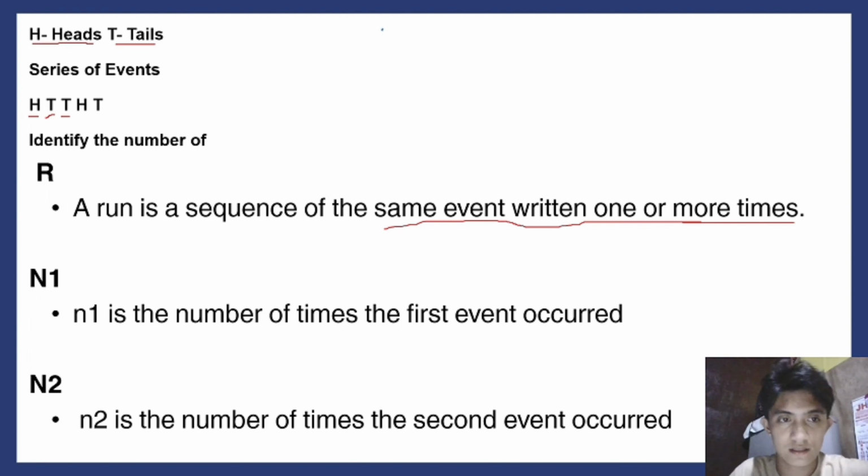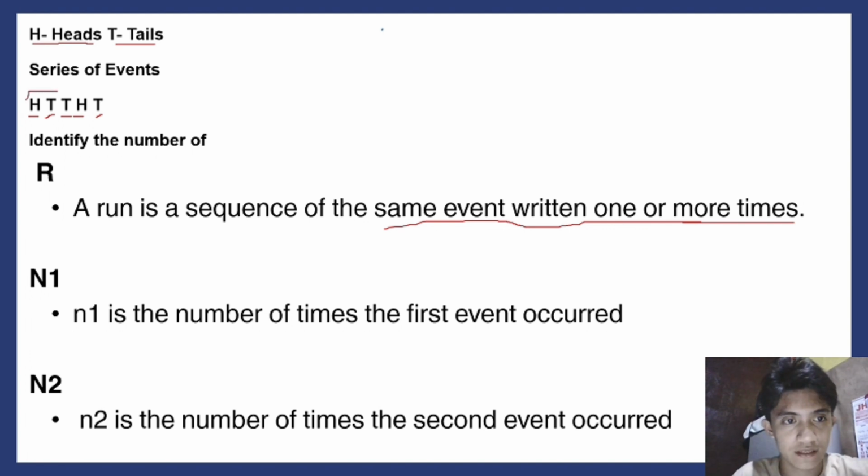The third flip is tails, and the fourth flip, the result is heads, and the fifth flip, the result is tails. So how to identify the number of runs?